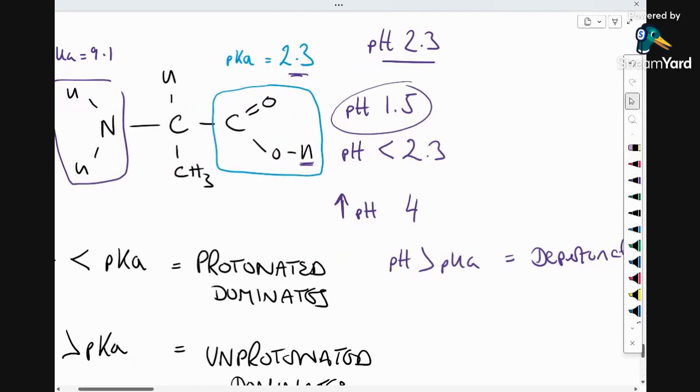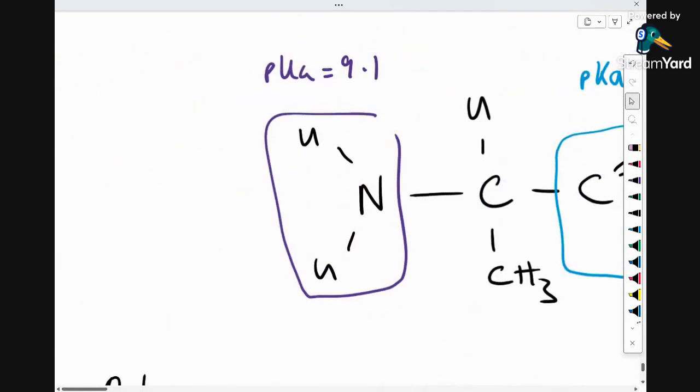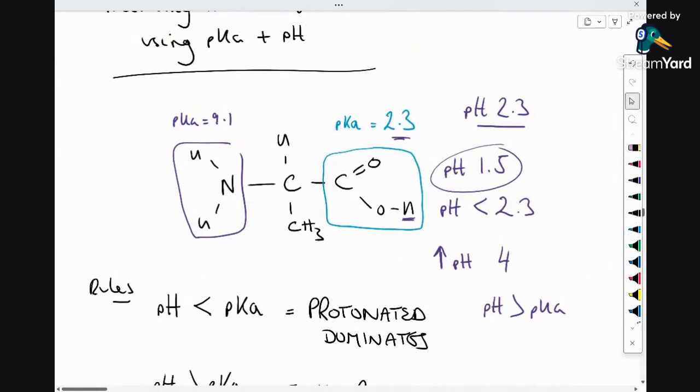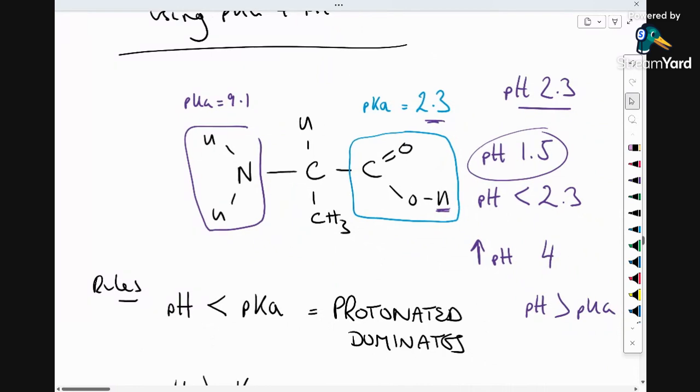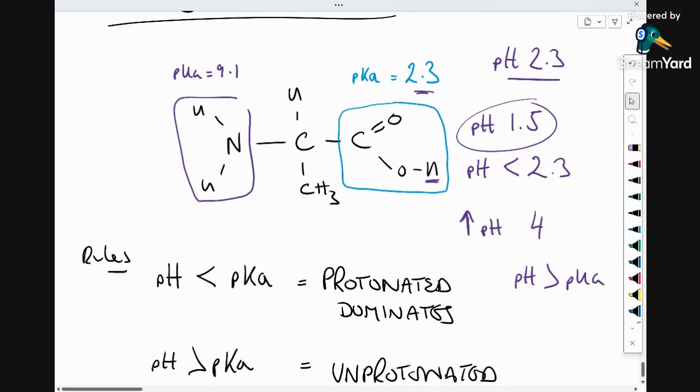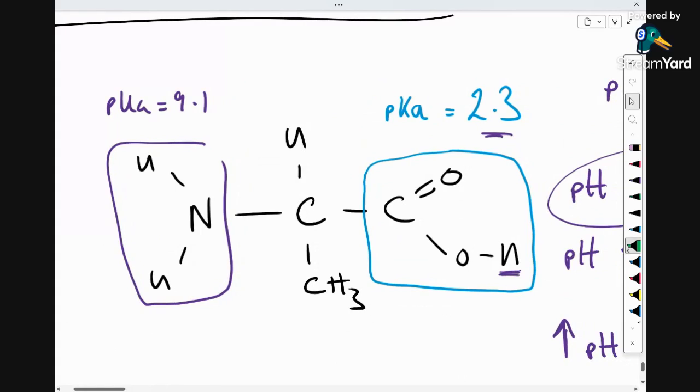Zooming over here, if the pH is smaller than the pKa, we're protonated, and if it's larger than the pKa, then we're unprotonated. So let's look at pH 7 as an example.